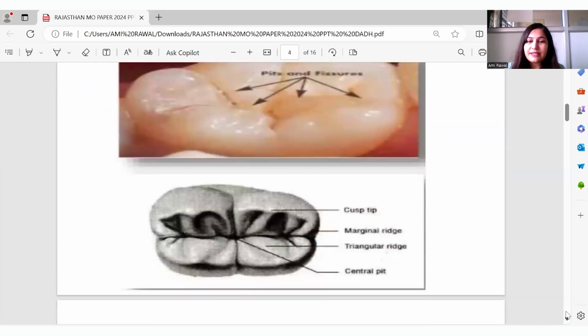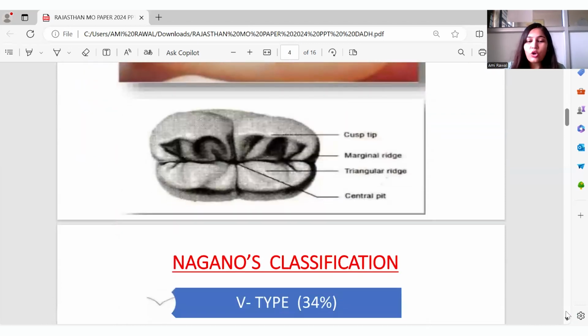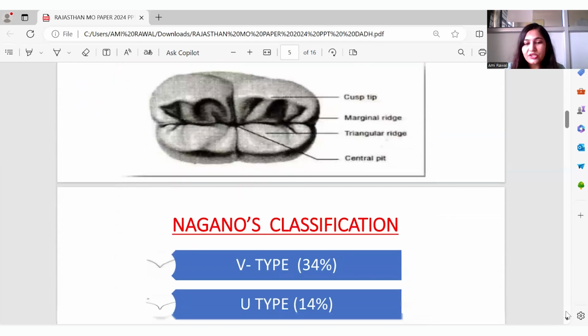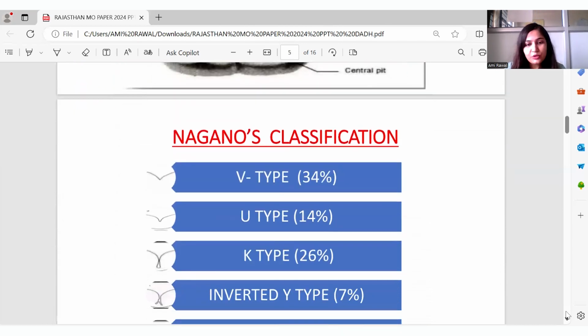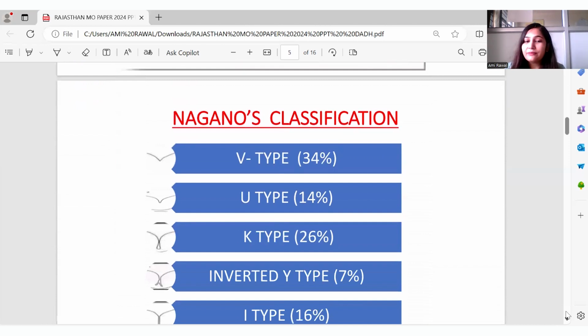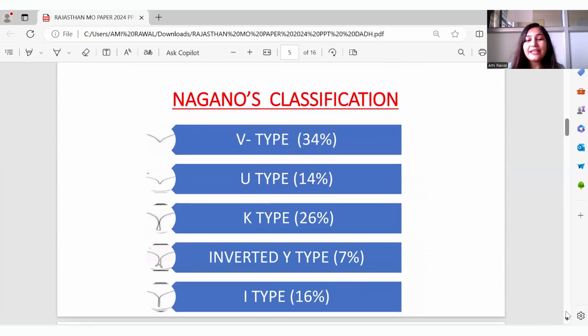So these are pits and fissures, and according to Nagano's classification, there are 5 types of fissures: V type, U type, K type, inverted Y and I type. As we have discussed, V and U type are shallow and wide fissures, so they are less susceptible to dental caries.